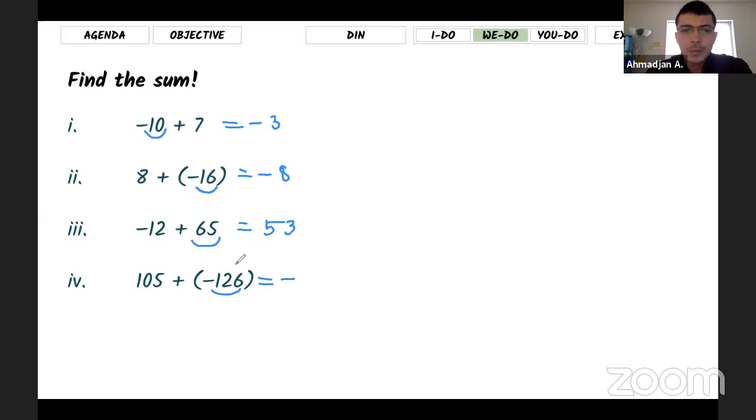Okay, you tell me what happens. Yay, you got it. It is 21 because you need to subtract 105 from 126, smaller number from bigger number, and put the bigger number's sign. So it's going to be 21.